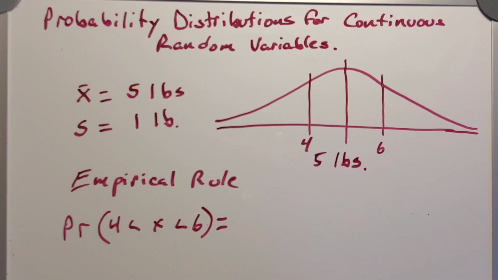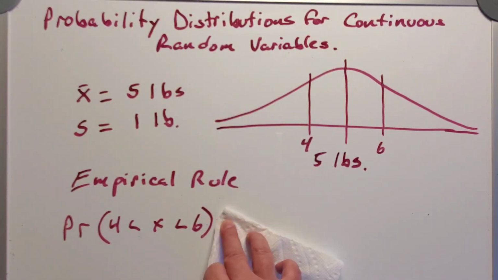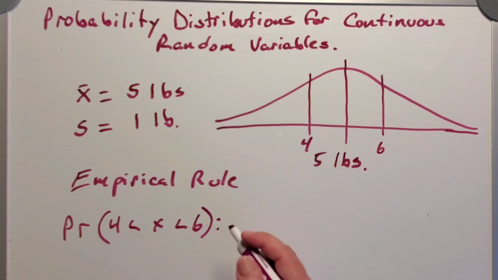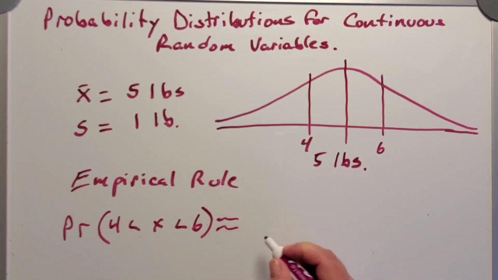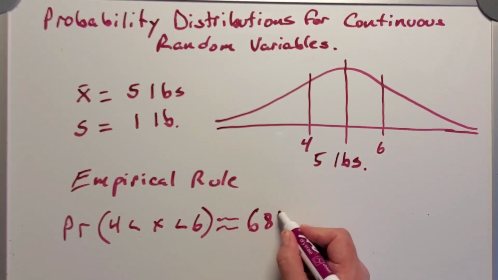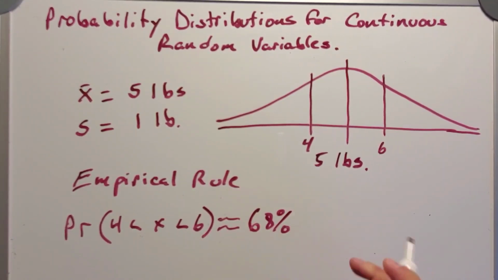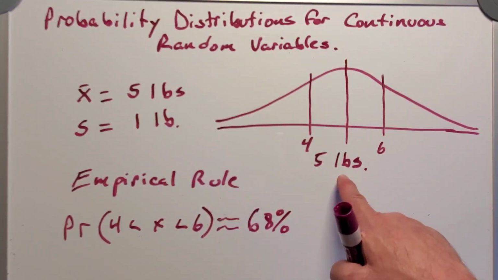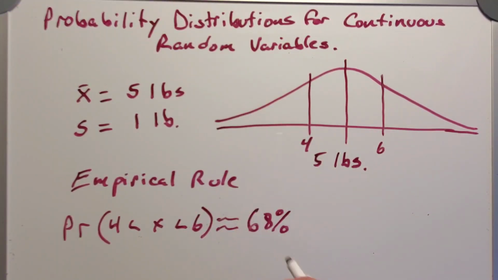The good news is we can answer it in exactly the same way using the empirical rule as we might have done other questions that aren't based on probability. So we know from the empirical rule that, for example, just about, not exactly, but very close to 68% of a normally distributed distribution will be found within one standard deviation of the mean, according to the empirical rule.